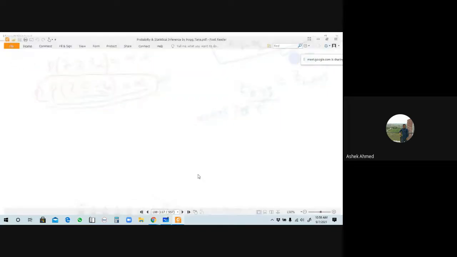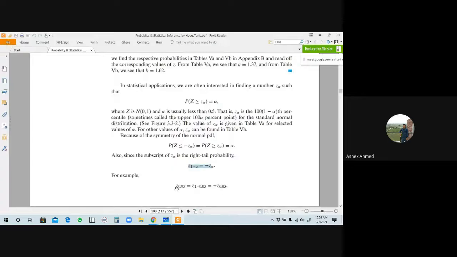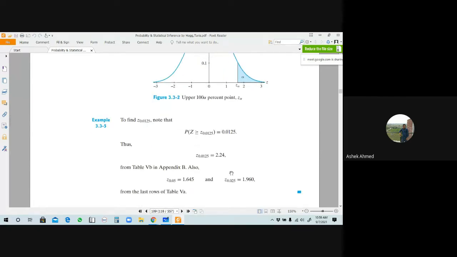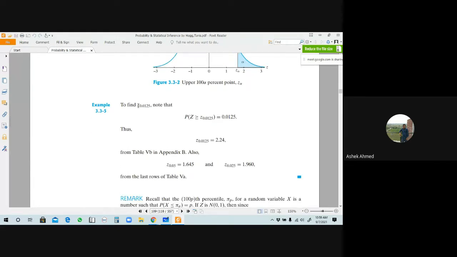Okay, so we now have to remember the formulas we got here. So there is a particular example here. I have already discussed this graph also. Now we have to find the value of z suffix 0.0125.